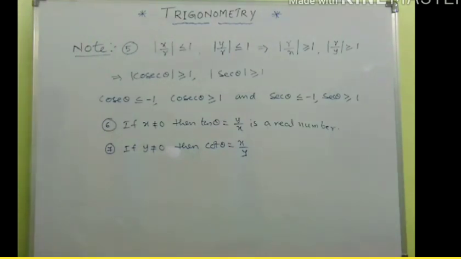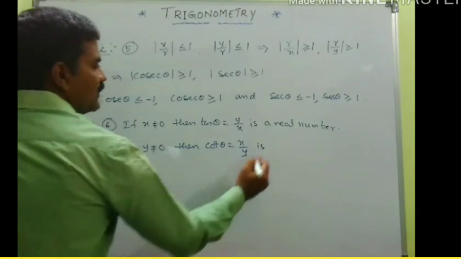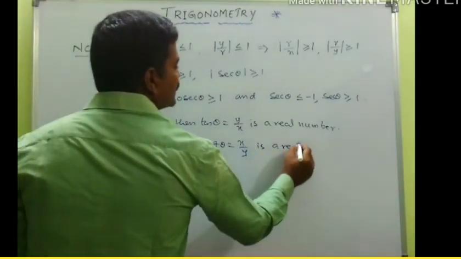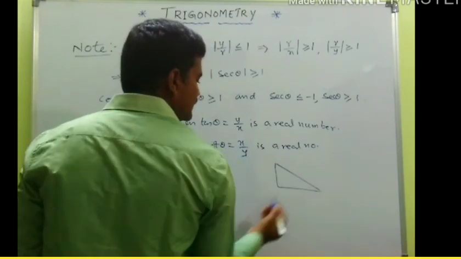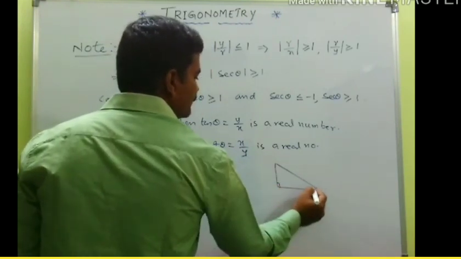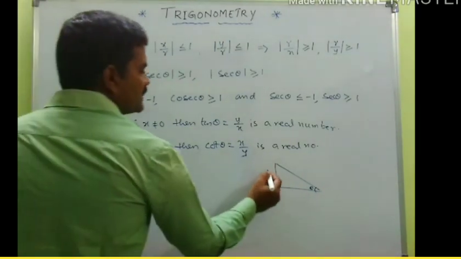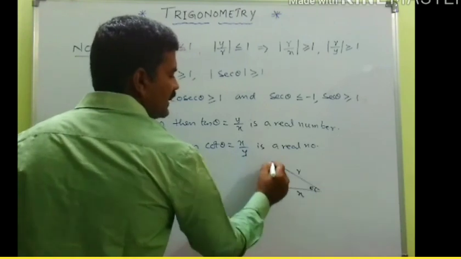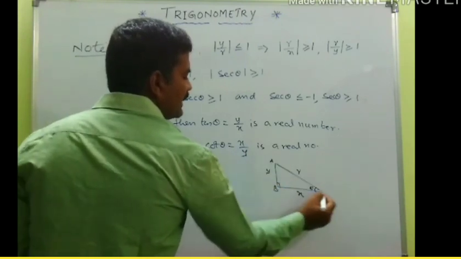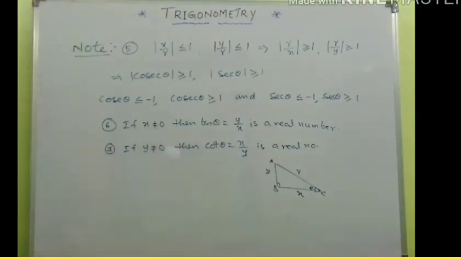Since y is not equal to 0, cot theta is also a real number. We discussed this depending on theta: the opposite side is y, the adjacent side is x, and this is as usual r. Let it be a triangle ABC.